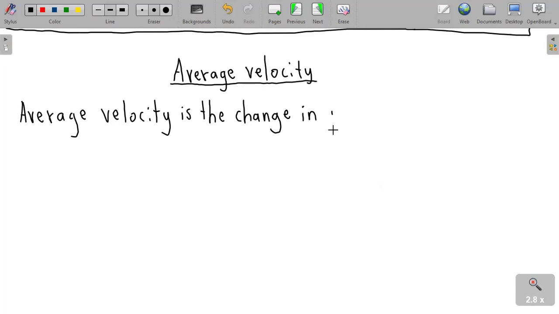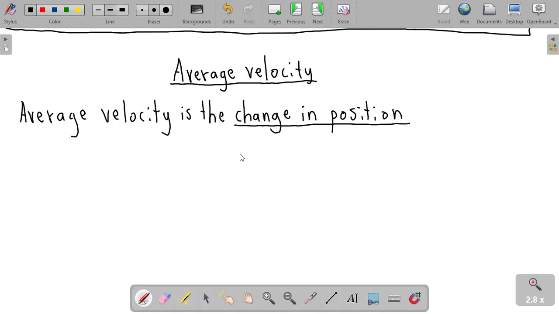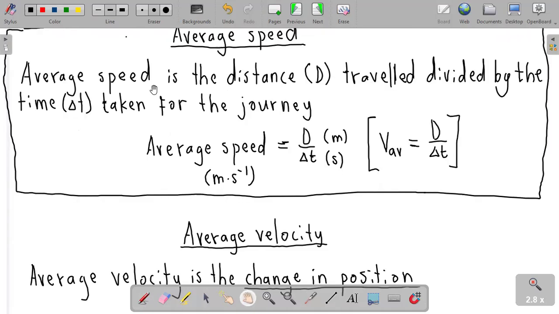It's not the distance, it's the change in position. Whereas previously average speed is the distance traveled divided by the time. So for speed, we talk about distance. For velocity, we talk about a change in position.